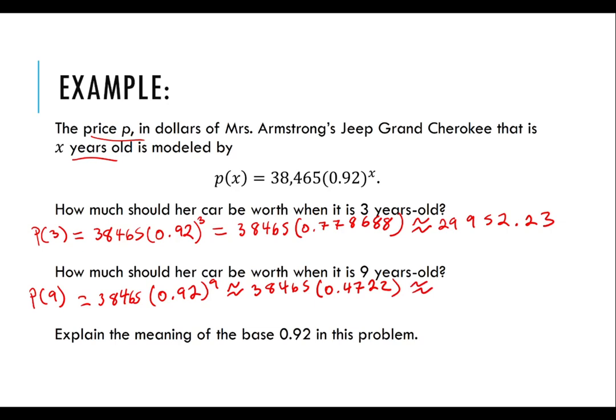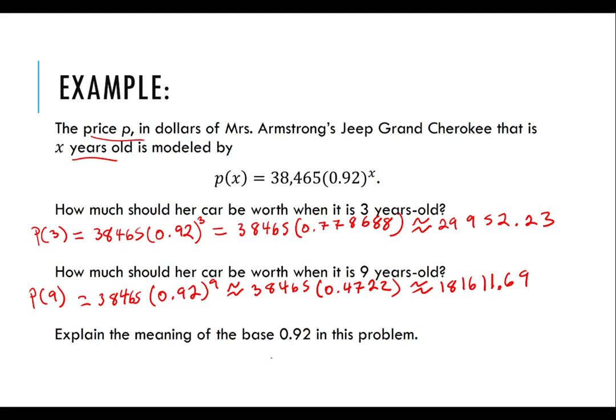Then finish with rounding to 2 decimal places. I get $18,161.69. Once again, I have chosen to round it to 2 decimal places because I know that it's money that we're talking about, and usually we think about it in terms of pennies, unless you're at the gas pump.